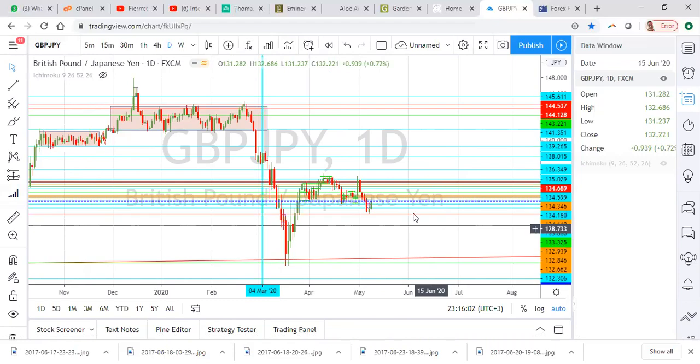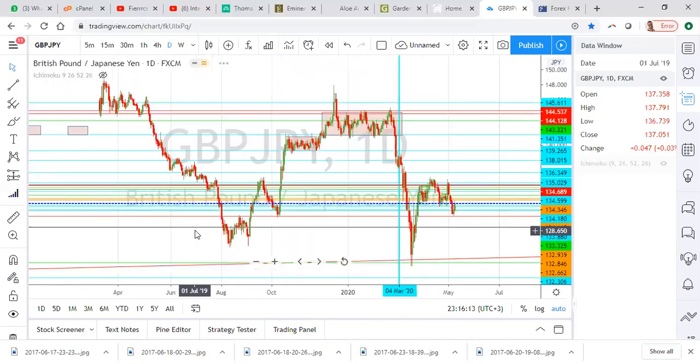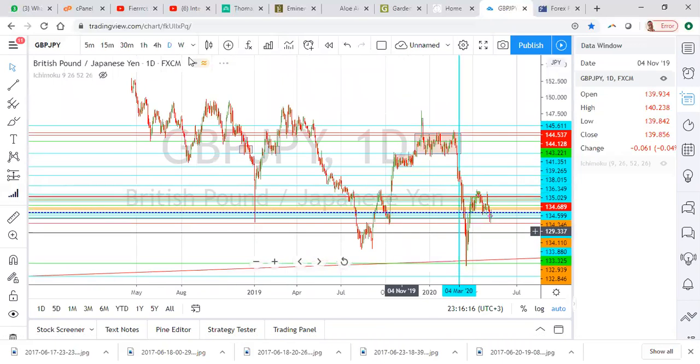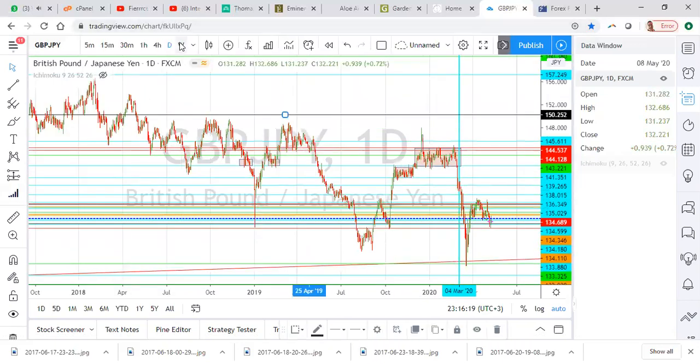So GBP JPY on the day chart. This is what I would do. Literally, if I look at the weekly, I also like the weekly chart, by the way.